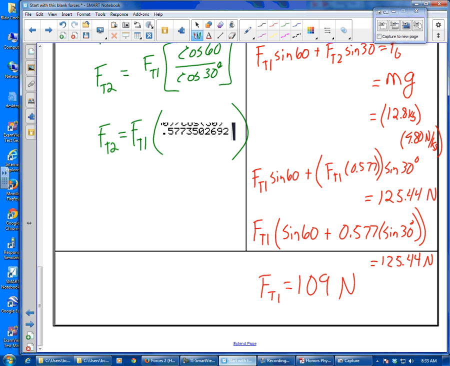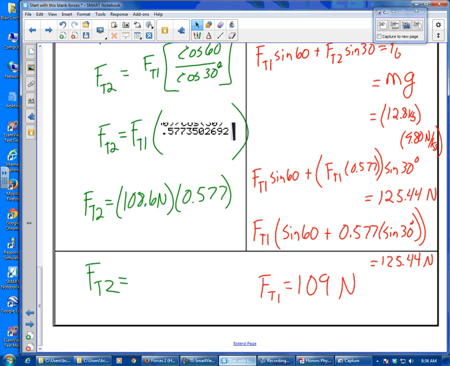Going to substitute that in over here to get Ft2 equals 108.6 newtons times my 0.577. Back to my calculator.